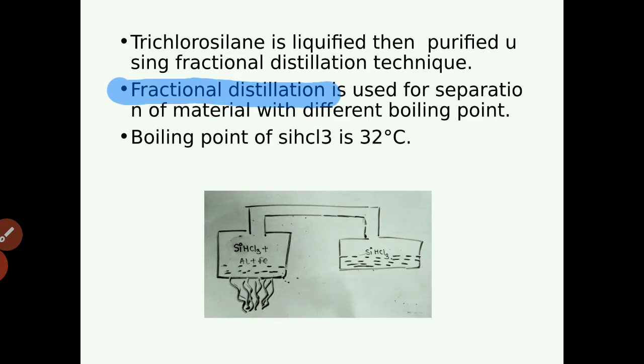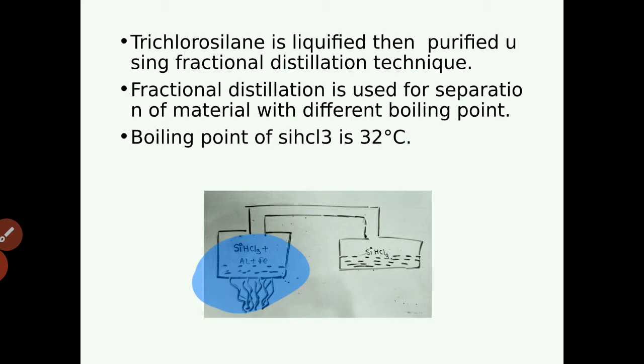The boiling point of trichlorosilane is 32 degrees centigrade. So we put our material, trichlorosilane with the impurities, in one container and apply heat. At 32 degrees centigrade, trichlorosilane will evaporate and condense into another chamber. In this way, we can separate our trichlorosilane from the mixture.